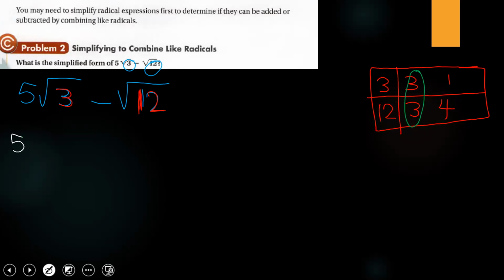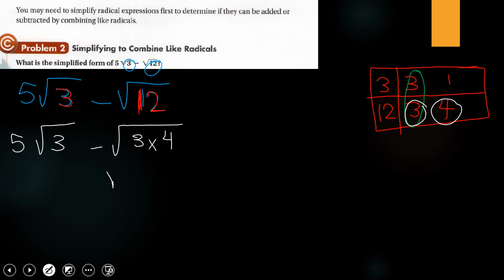Now what are the factors of 3? 3 and 1. Keep it as 3 only. And the second one, we have 12. They are 3 multiplied by 4. Is it right? Yes. So after I write the factors of 12, I write them under the square root. Let's now distribute them like square root of 3 times square root of 4, and write the first one as it is.